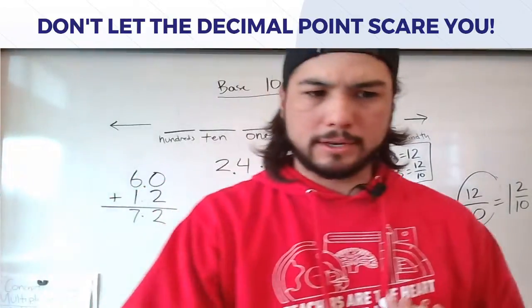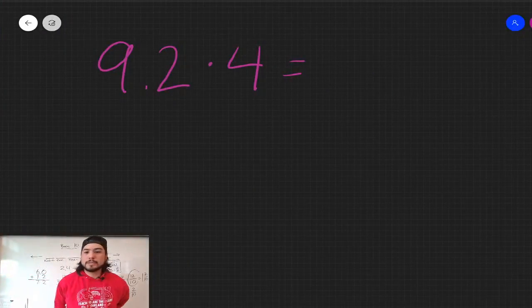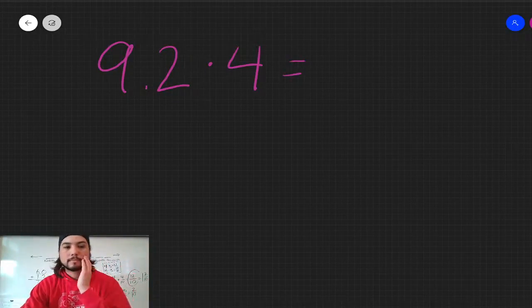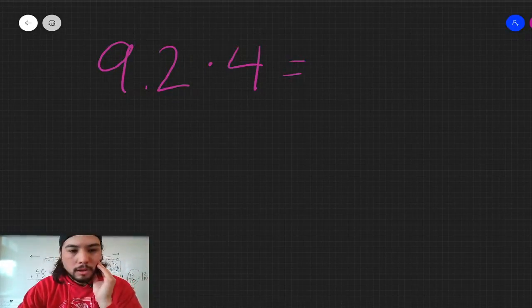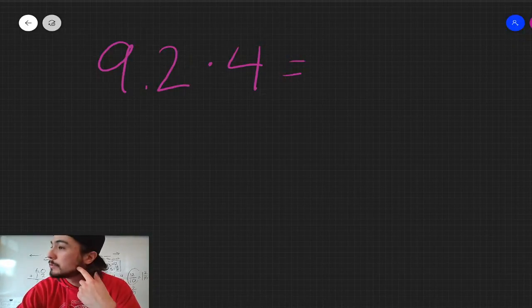Let's try a couple on the digital whiteboard here. First one here, 9 2/10 times 4. Go ahead and try that on your whiteboard or on your paper at home. 9 2/10 times 4.